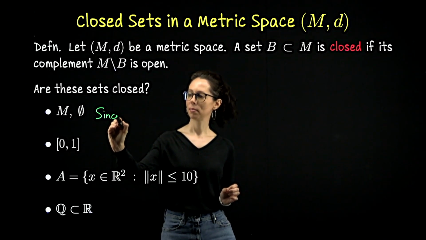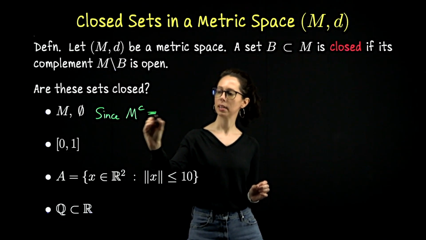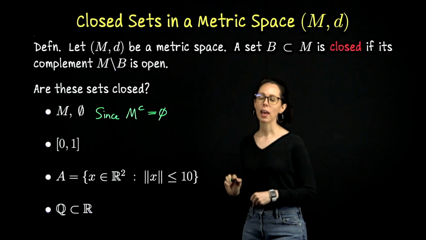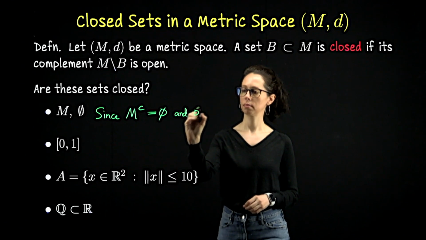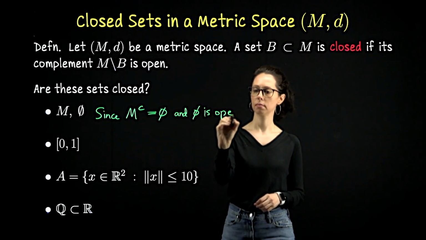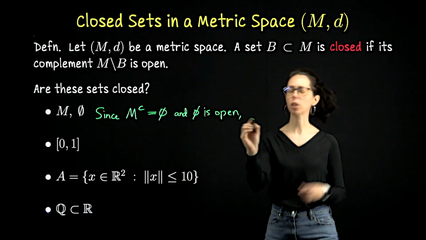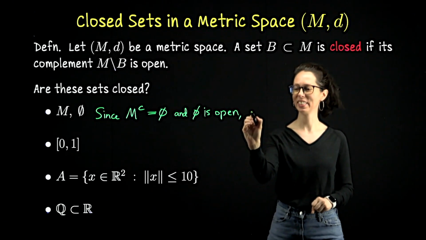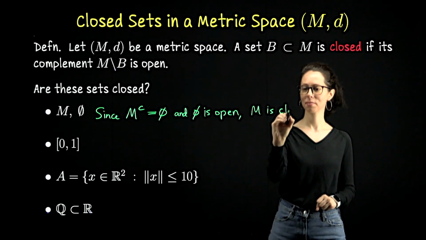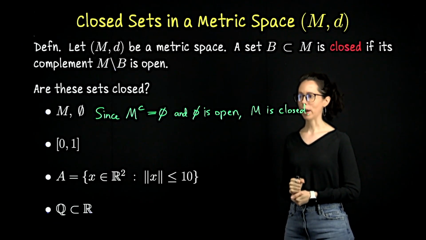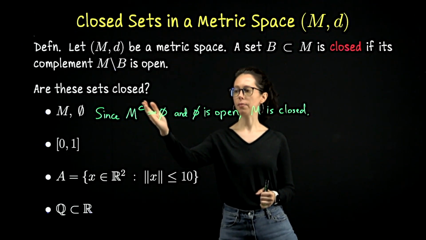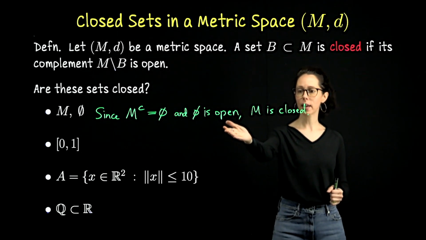Here's how you make this kind of argument. The complement of M is the empty set. That is an open set.